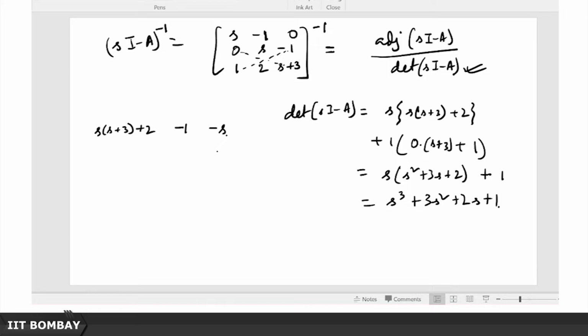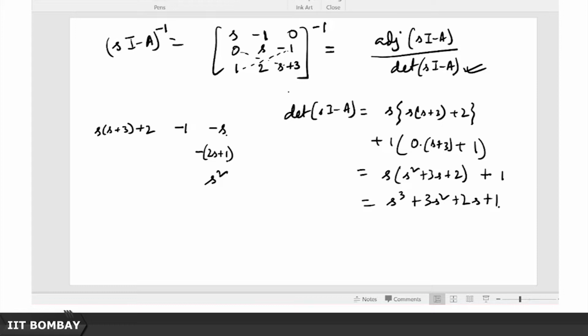Of course the sign will change, so, hang on, let me do the computation, s into 2 plus 1, so 2s plus 1, so it's with a minus sign. So this is 0 into s plus 3 plus 1, yeah, I think I am not making a mistake, hopefully, and even if so, you are going to correct me. What about this? s squared, so this is going to be s squared.